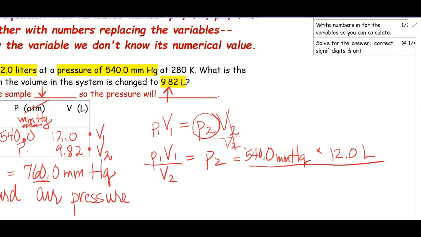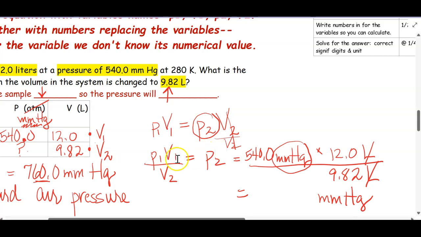And then we're going to divide by V2, which is 9.82 liters. All right. Liters is going to cancel, and this will be the final unit. So whatever we get the number of, it will be in units of millimeters of mercury.